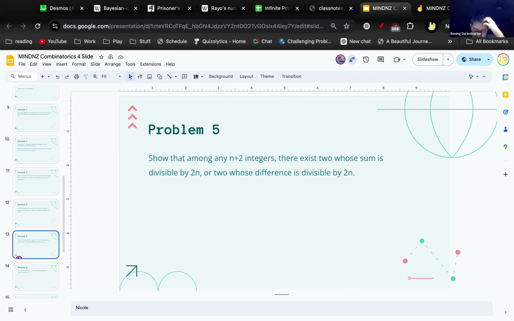So for any two numbers that are in the same pigeonhole, we know that their sum is going to be divisible by 2n. And we know that's guaranteed because there are n plus 2 different numbers. And if the numbers are the same, then the difference is divisible by 2n. So we're done. Okay, any questions?